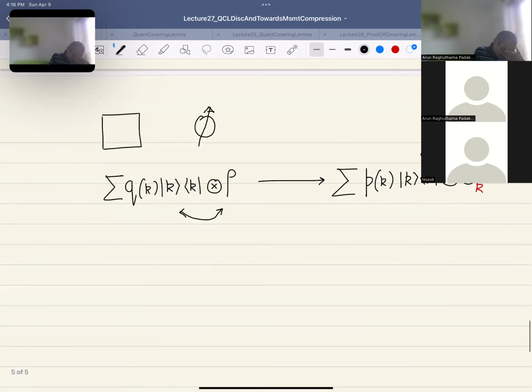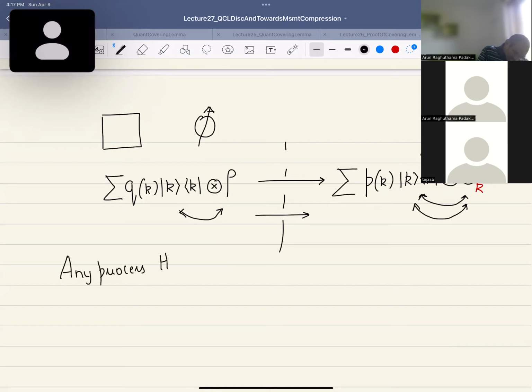Now, the question is how much information is contained in this relationship. On the left, there is absolutely no information content of the quantum register in the classical register. But on the right, there is some information content of the quantum register in the classical register. So this measurement has brought about this relationship between the quantum register and the classical register. Any process that brings about the same relationship is essentially simulating the measurement.